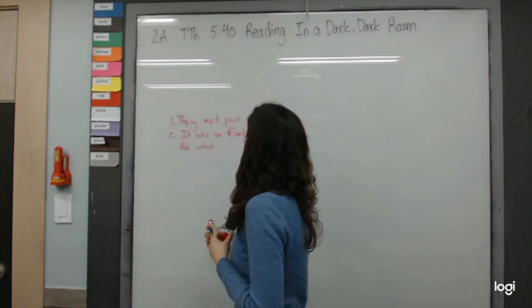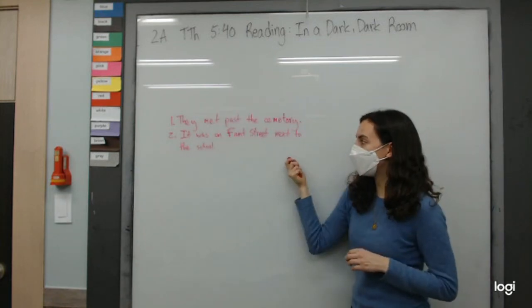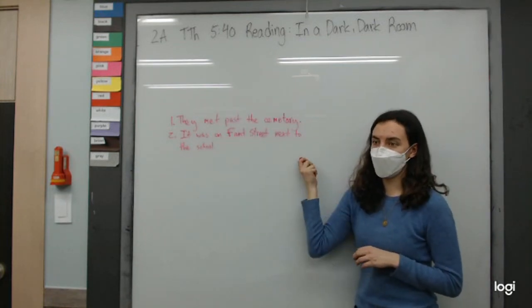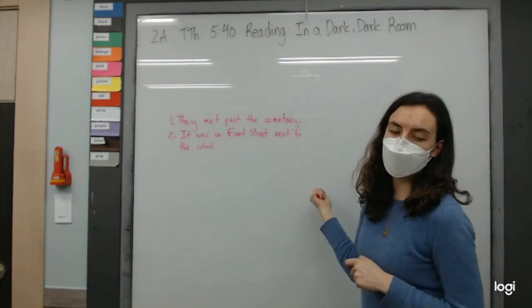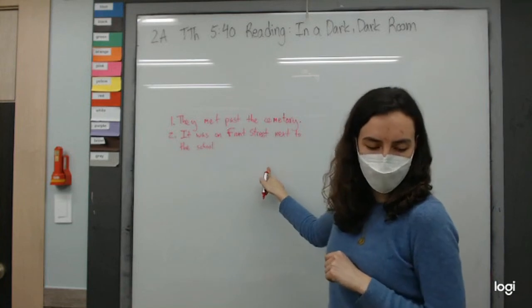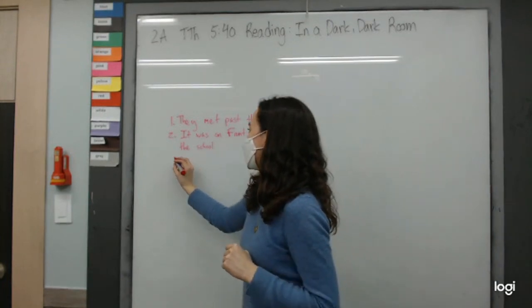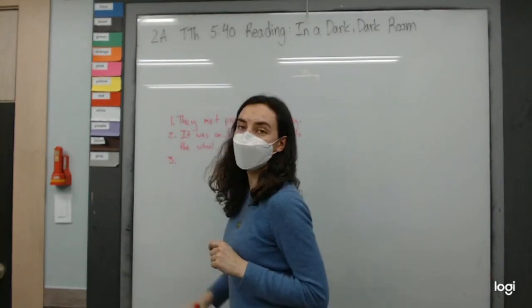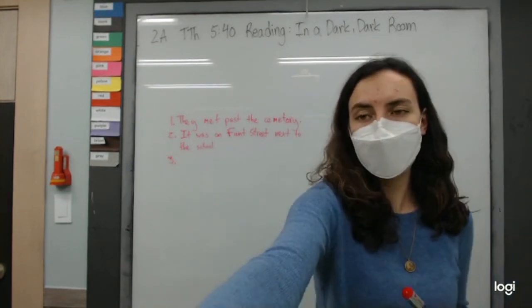Okay. When I read this book, my school was on Front Street, so I thought it was very scary because I said my school is on Front Street. Maybe this boy is at my school. It was a different Front Street. There are many Front Streets in America.